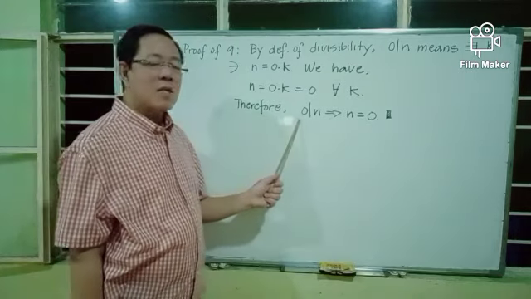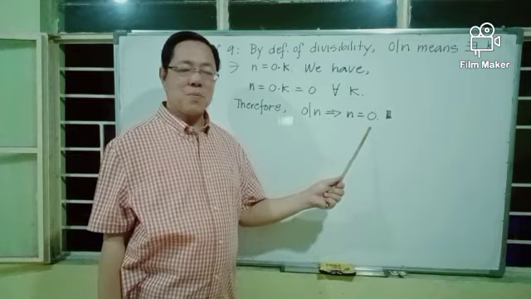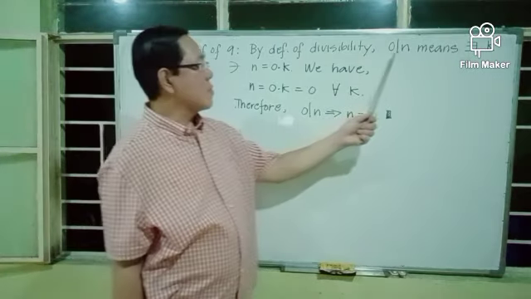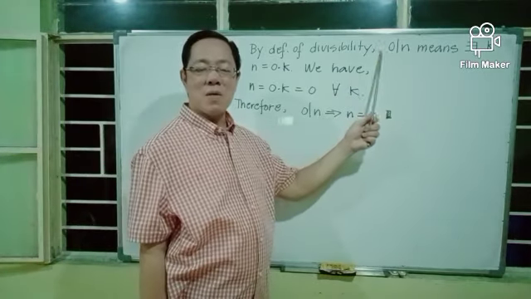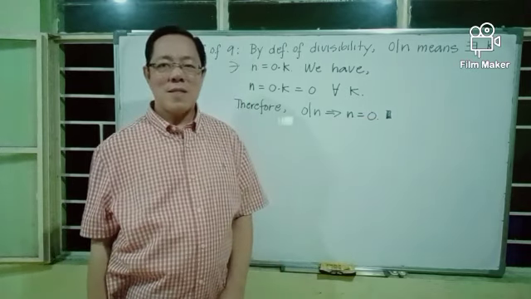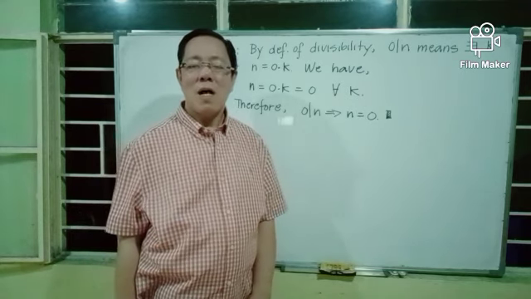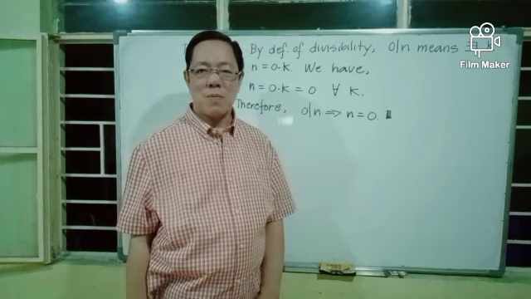Therefore, we conclude that 0 divides n implies that n is equal to 0. And if n is equal to 0, we would have 0 divides 0, which means that 0 is the only number that divides 0, or 0 divides only 0.